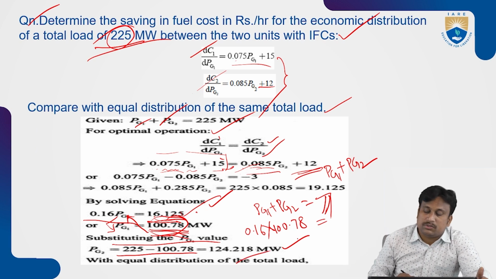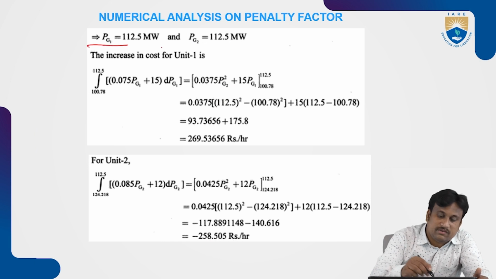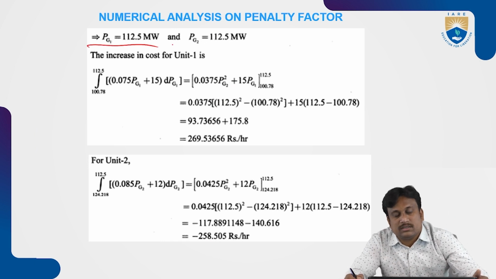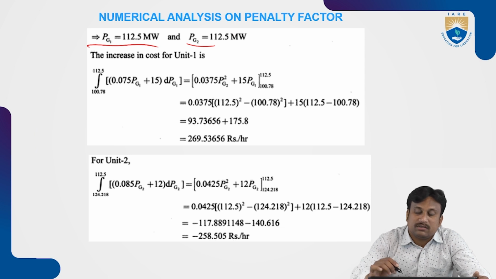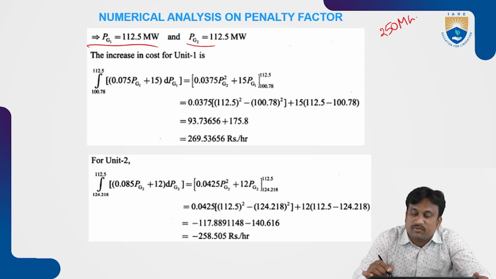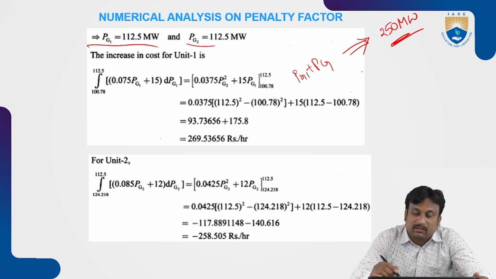Now with equal distribution of the total load, you obtain PG1 as 112.5 megawatts and PG2 also 112.5 megawatts. That means the total load demand, PG1 plus PG2, when you add these two values, 112.5 and 112.5, is 225 megawatts.